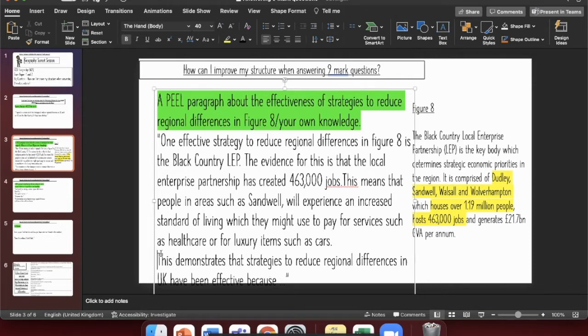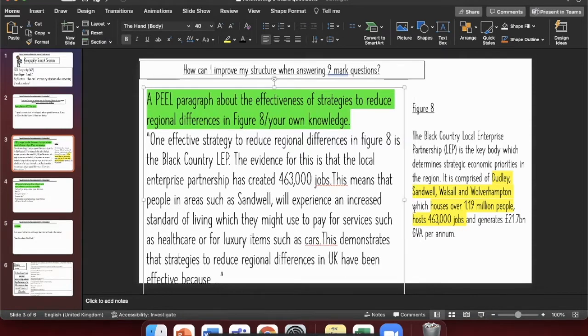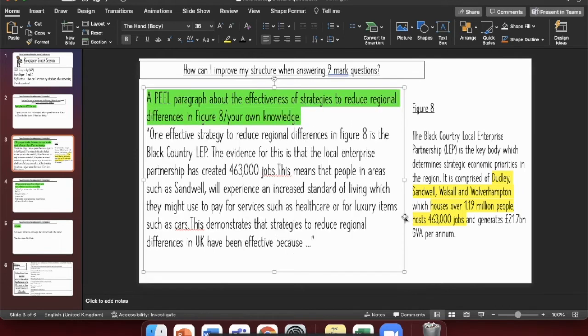This demonstrates that strategies to reduce regional differences in the UK have been effective, because what is that actually demonstrating if people's standard of living increases? Well, that demonstrates that their quality of life is going to improve because they're going to have car ownership and also paying for services such as healthcare.